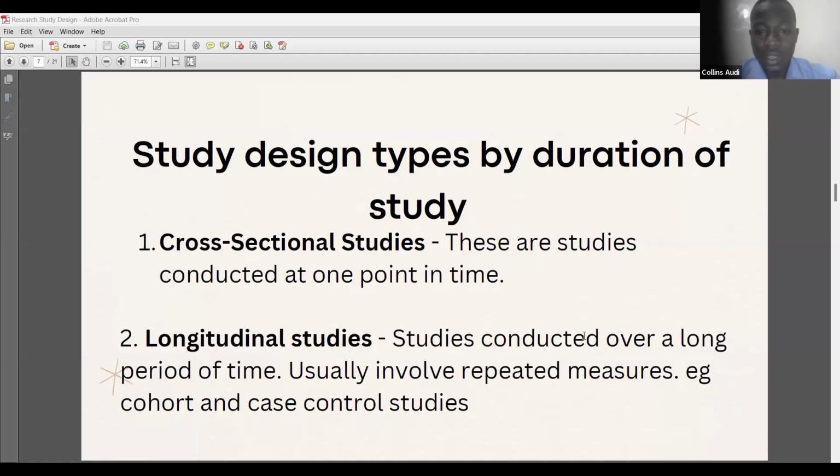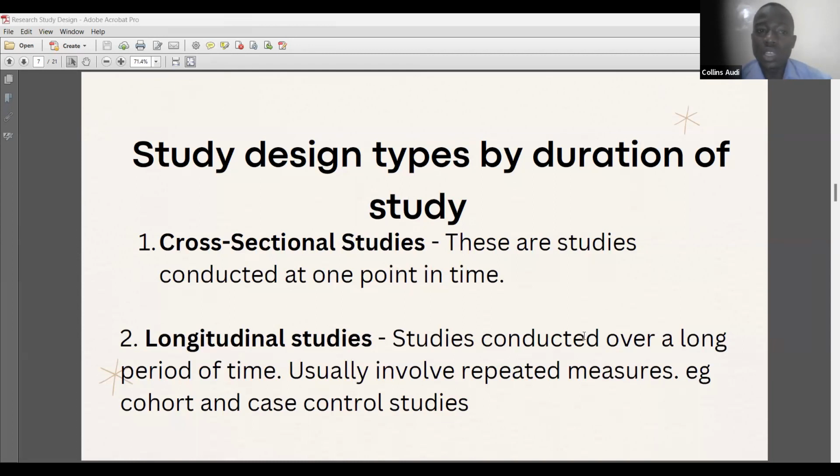Yes. So longitudinal studies are basically studies which are conducted over a long period of time and usually involve repeated measures. For example, we conduct a study, we do an intervention. Before this intervention, we conduct a baseline survey. During that baseline survey, we take the baseline measurements.